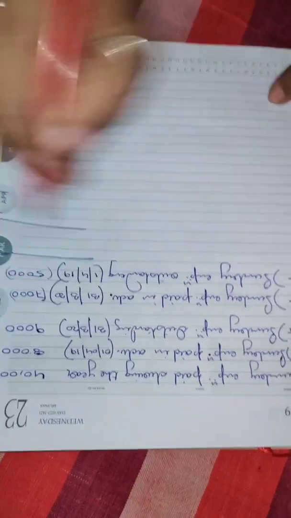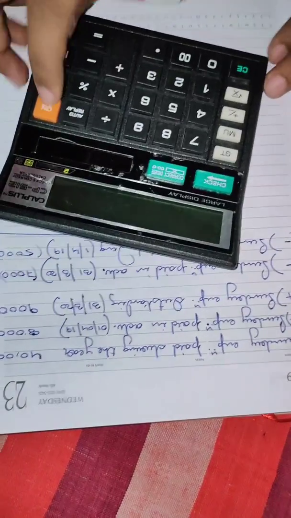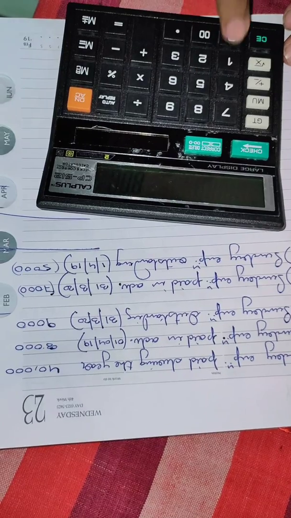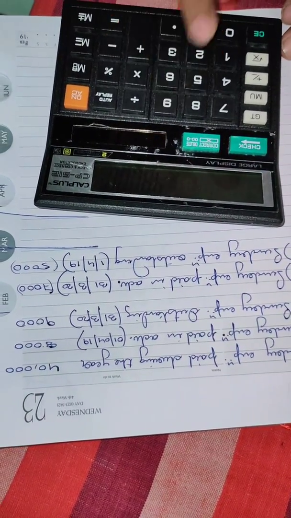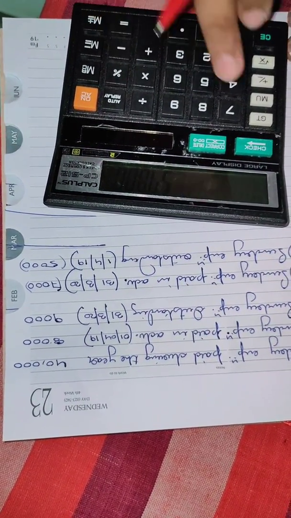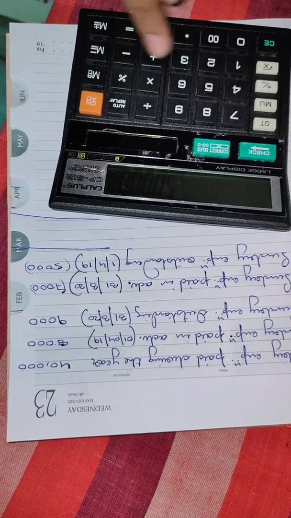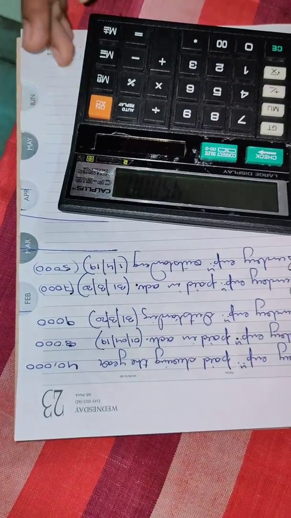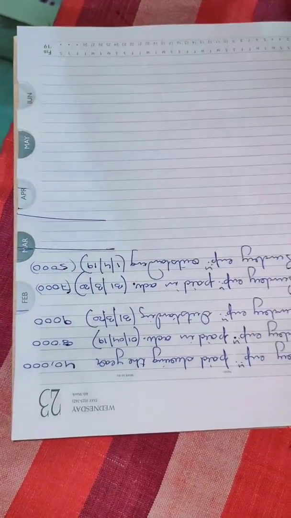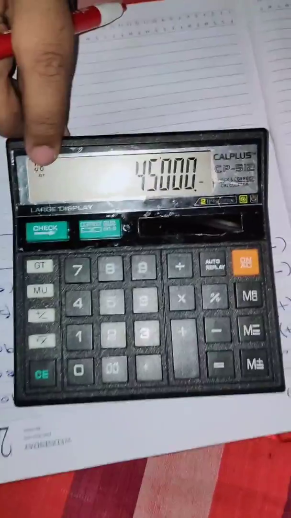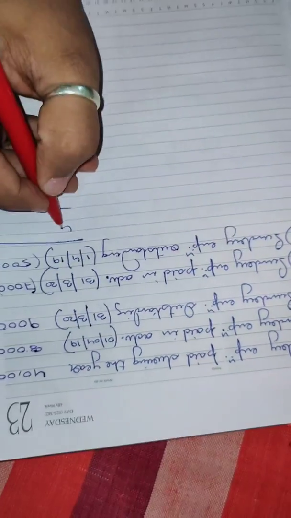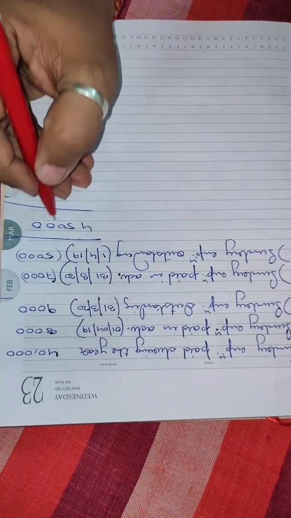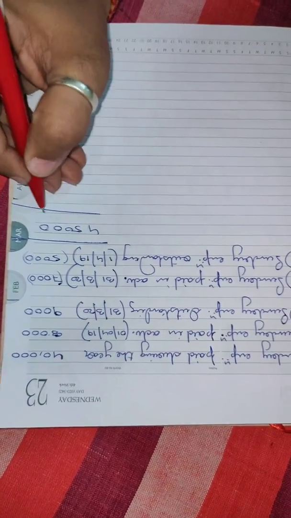Now we will calculate. We have 40,000 plus 8,000 plus 9,000 minus 7,000 minus 5,000. We have the amount 45,000. See, we have 45,000. So here the amount we will write is 45,000. Now what amount did we get here?